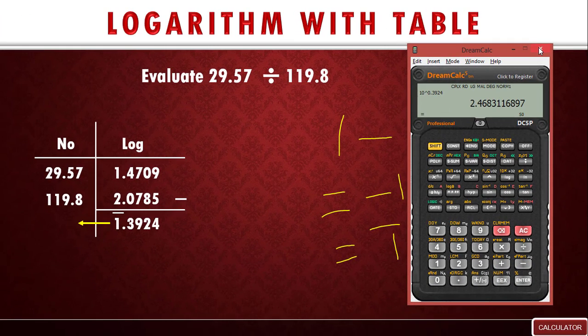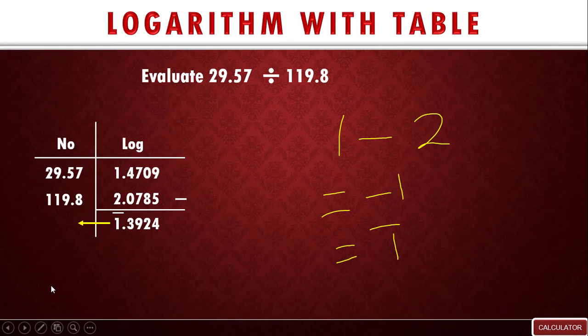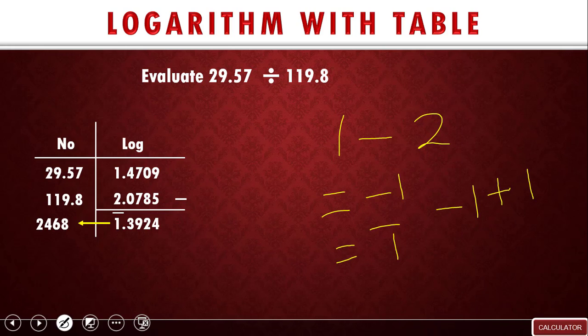For those of you making use of your 4-figure table, you're going to have the value 2468. After having the value 2468, the next thing to do is to add 1 to this characteristic. That will help you to locate the position of your digits. So if we add 1 to -1, that's -1 plus 1.